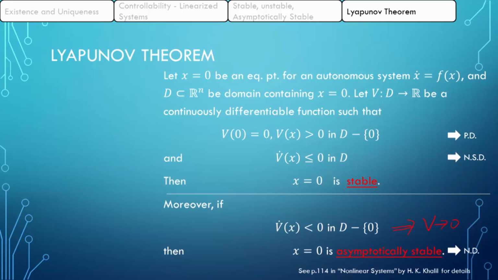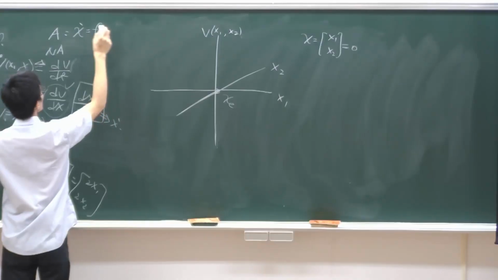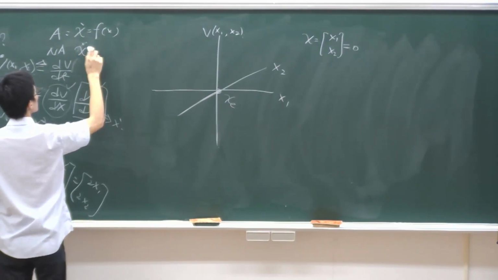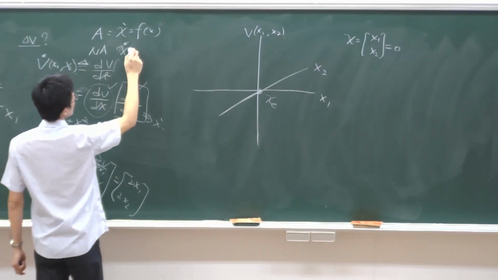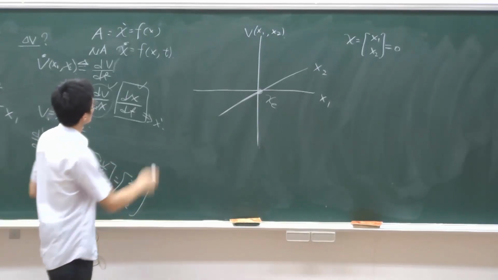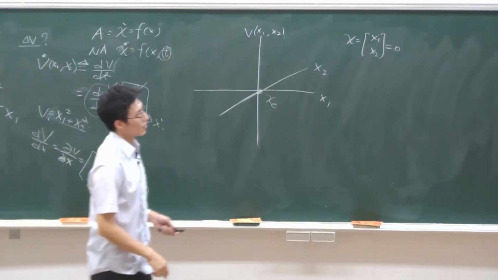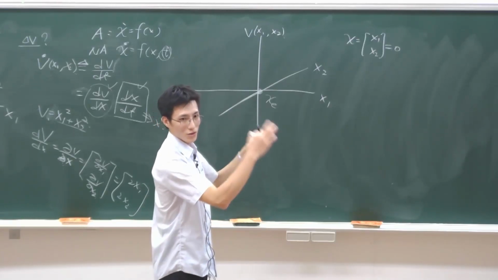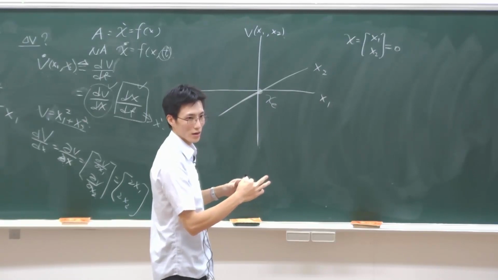Autonomous system, which we defined before, is that this f doesn't explicitly depend on time, only depends on states. Okay. Defined as x dot equal to f(x). Otherwise, a non-autonomous system is x dot equal to f(x, t), explicitly depending on time. But here we consider autonomous systems. So their phase portrait is stationary. Okay, doesn't change with time.